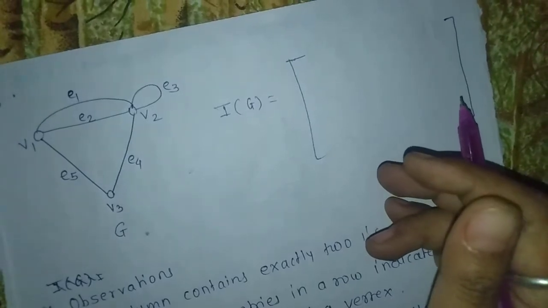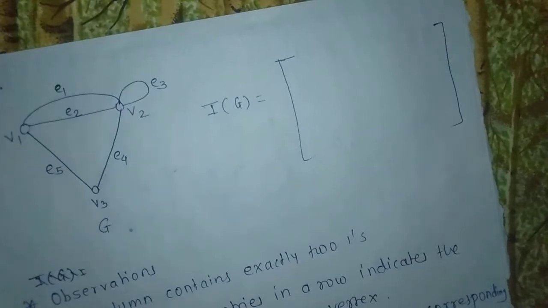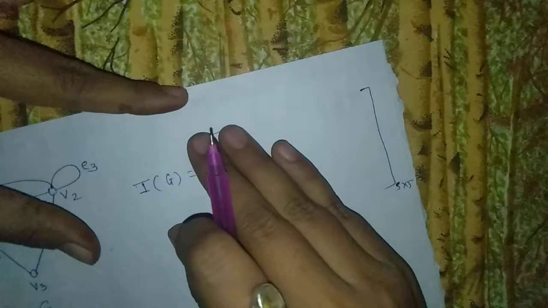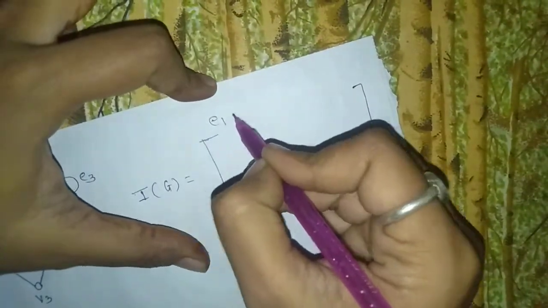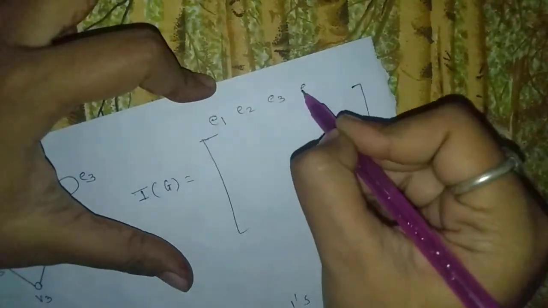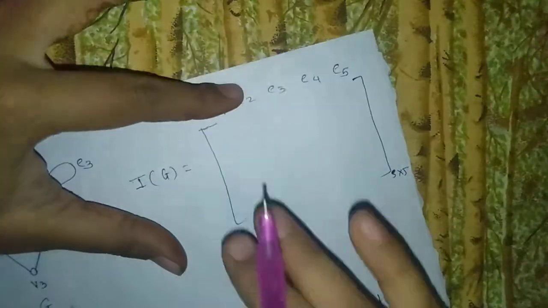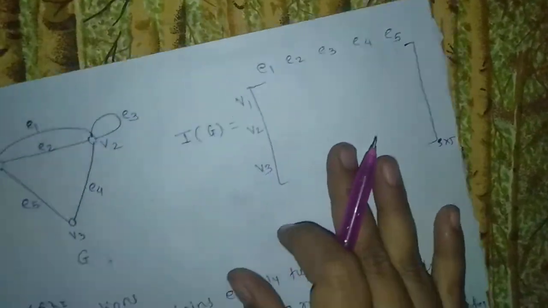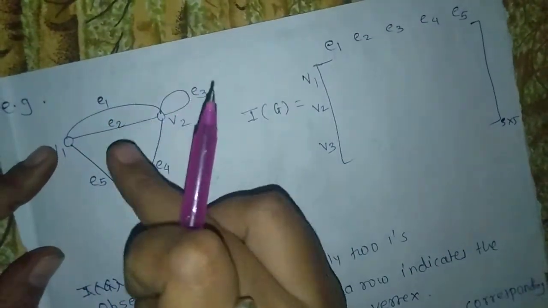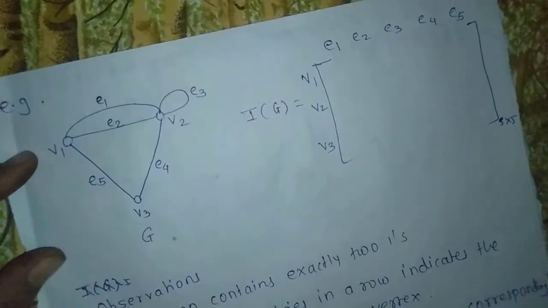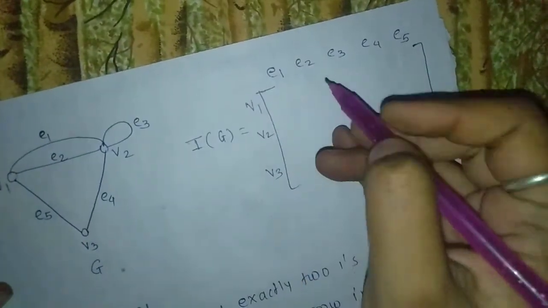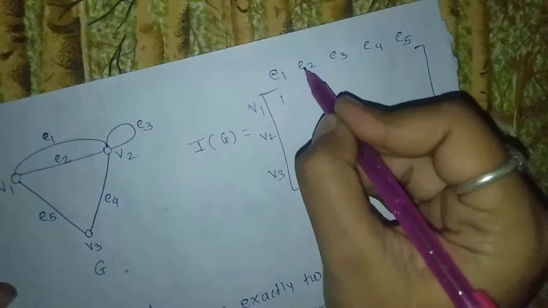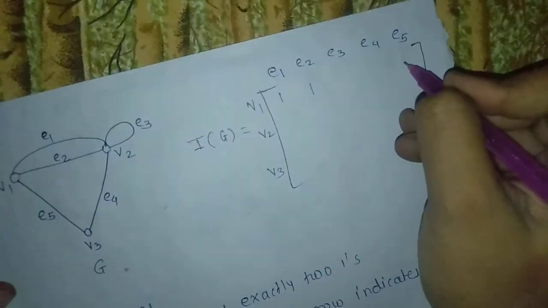Here n number of vertices means 3 vertices and 5 edges. So the matrix becomes 3 by 5. First write column wise edges E1, E2, E3, E4, E5, and next write row wise V1, V2, V3. Here you can see that E1, E2, E5 are incident on V1. So write in the first row, E1 column 1, E2 column 1 and E5 column 1.